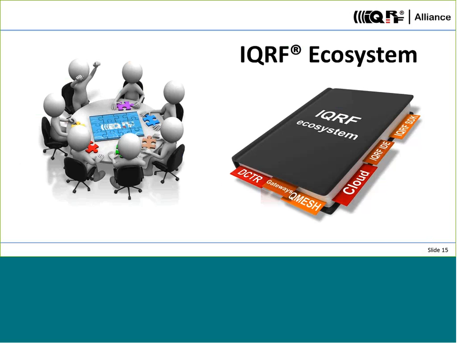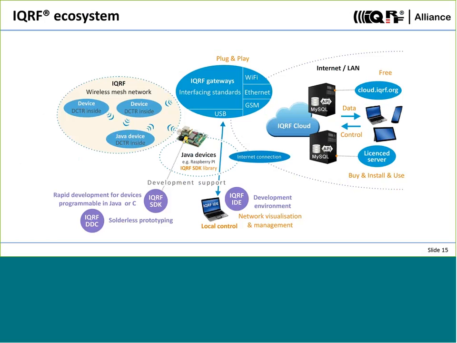So basically, IQRF is becoming really a complete ecosystem ready for development, but also new interoperable products are coming into the IQRF ecosystem. So this is really a big environment that you can use for your projects.